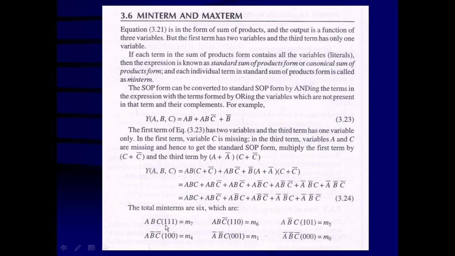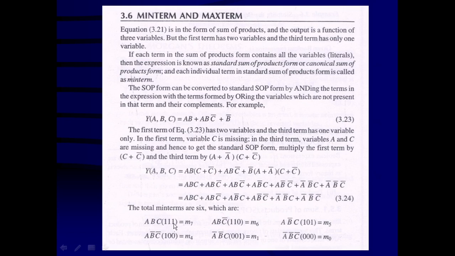And that way I am going to represent A is there, so A is uncomplemented, so that is going to be 1. B is also uncomplemented, that is going to be 1. C is also uncomplemented, that is going to be 1. So ABC, that is a mean term which has a binary value of 111.